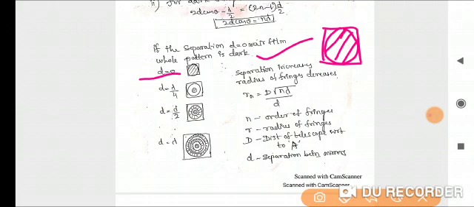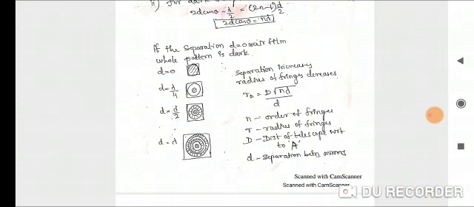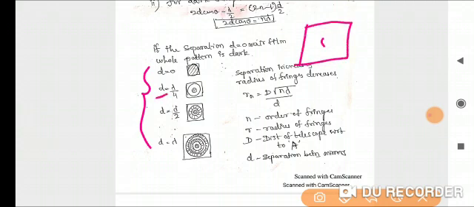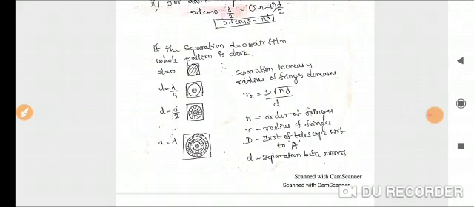If we increase the separation, that is D is equal to lambda by 4, the pattern becomes: the middle one is dark, the next one is bright, like that.